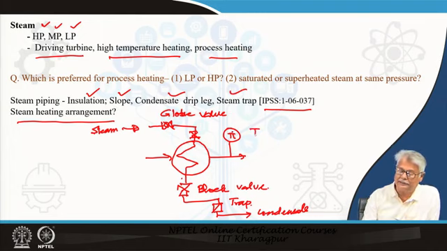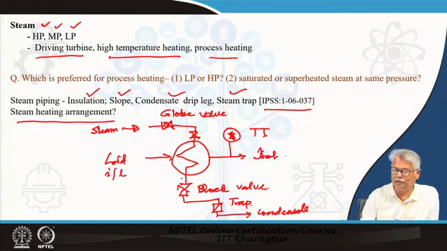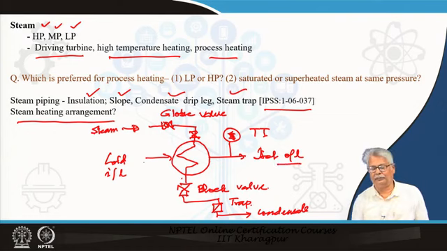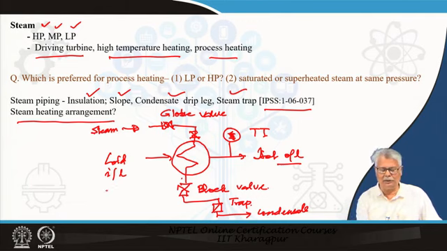This is basically a temperature indicator. And this is the cold inlet and this is the hot outlet after heating of the same fluid. So, this is what you expect to find whenever you are having a steam heating arrangement for any stream which is cold and is getting heated to a final hotter temperature.